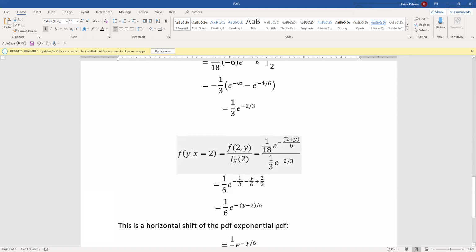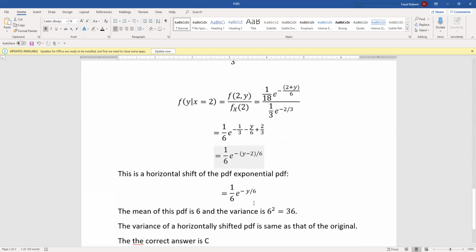And this is negative 2 over 6 minus y over 6. So that's negative 1 over 3 minus y over 6. And then this comes up as plus 2/3. And this simplifies to plus 1/3 minus y over 6, which can be written like this if you do a common denominator. So negative y minus 6 by 2.